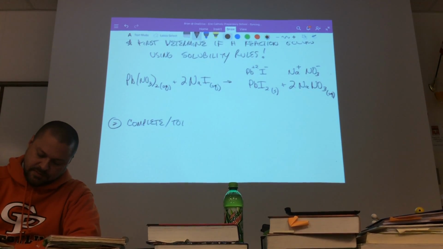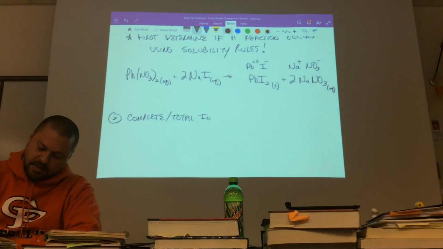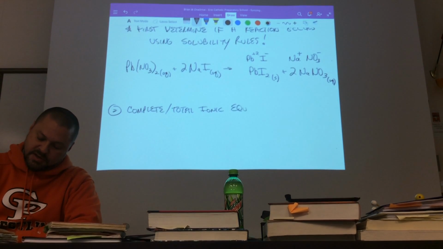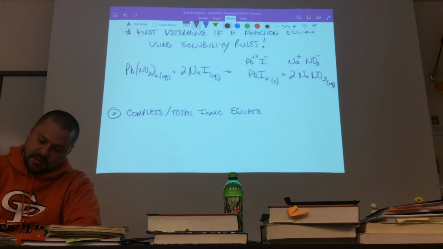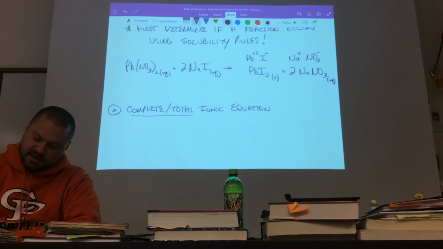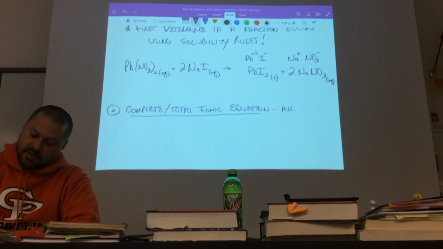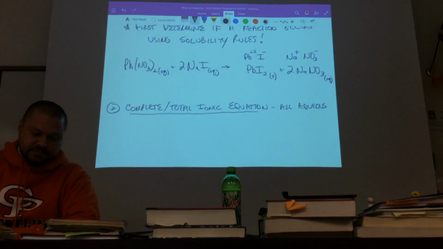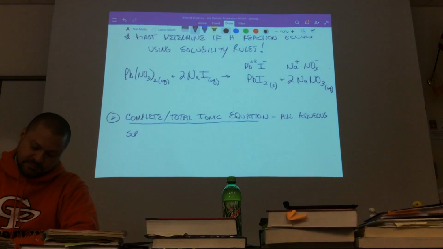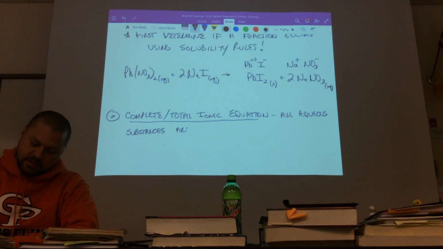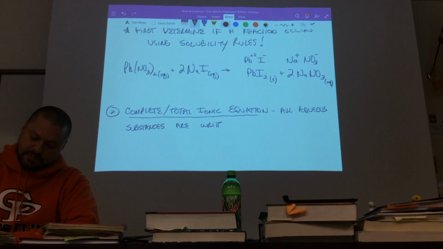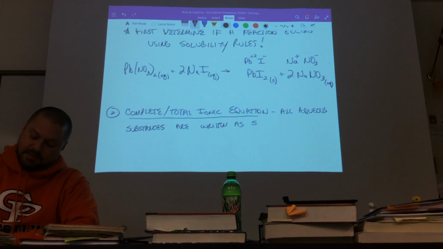or total ionic equation. Now you guys should have no problem with this because I corrected the test and you guys did really good with this. Basically, all aqueous substances are written as separate ions.